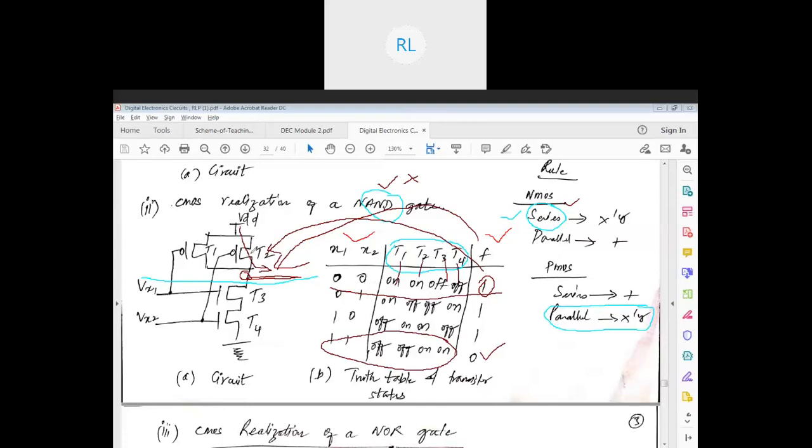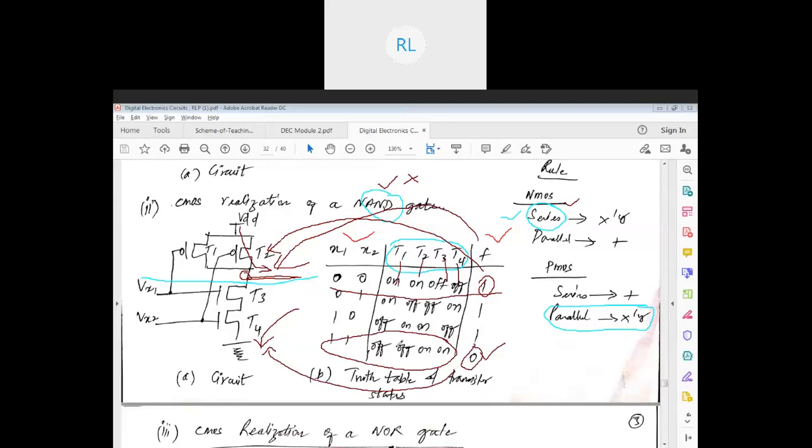Fine. Now let's take the next case, 1 1. In this 1 1 case, T1 and T2 are off, which means there is no VDD going to my output, so the capacitor is not getting charged. T3 and T4 are on, so whatever charge was there in the capacitor is dragged down to ground value, which is 0.